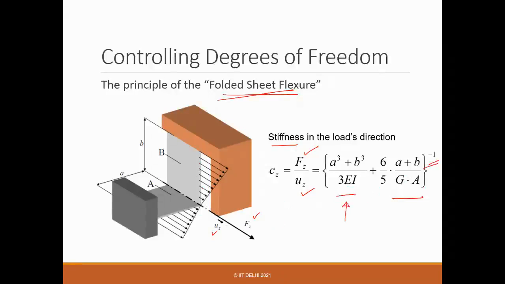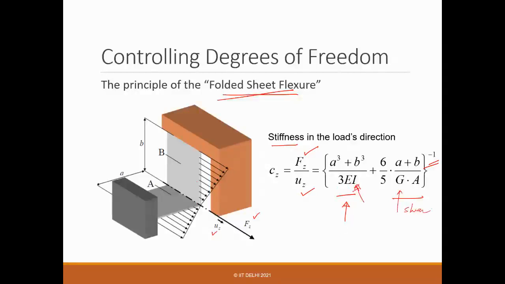Of course, that's the stiff direction, but it still tries to bend along the plane. So because of that bending, the stiffness will be very high, but it is still because of the bending, since E and I are also there. I is the second moment of inertia. And this other term is because of shear.